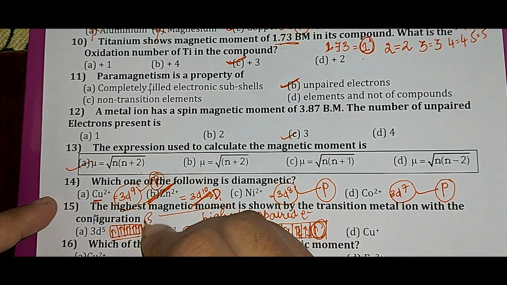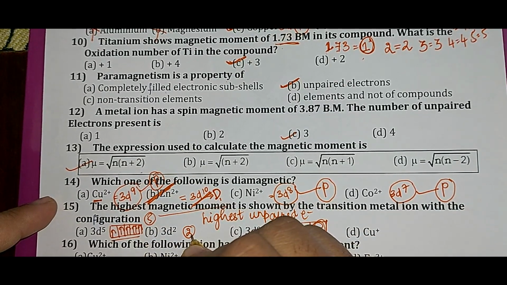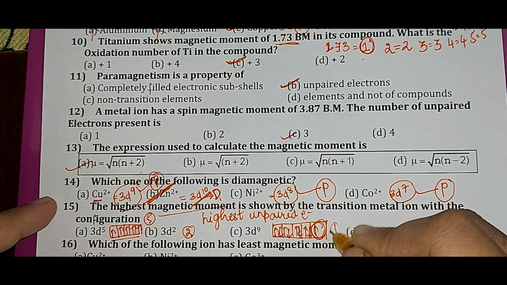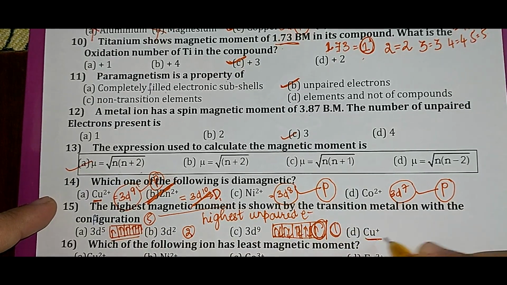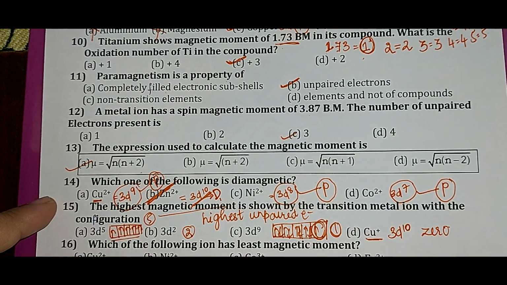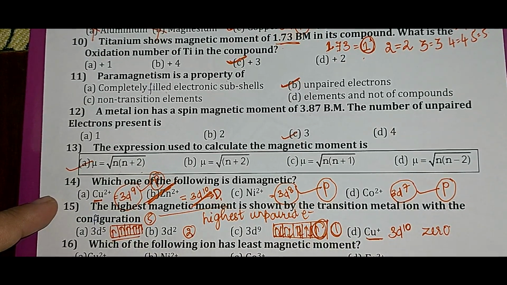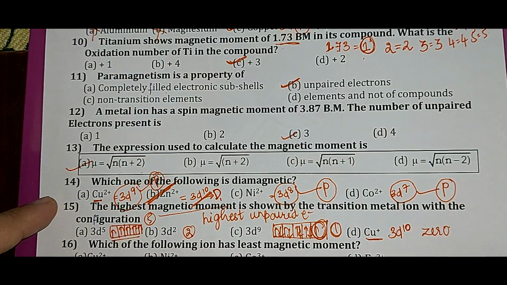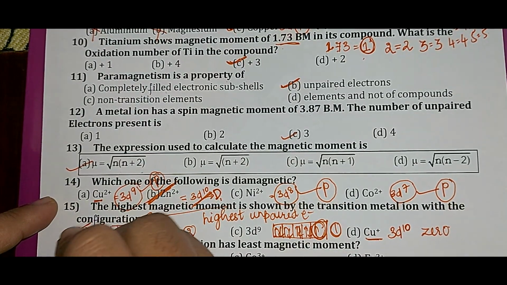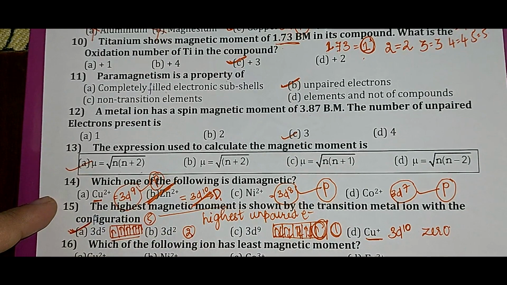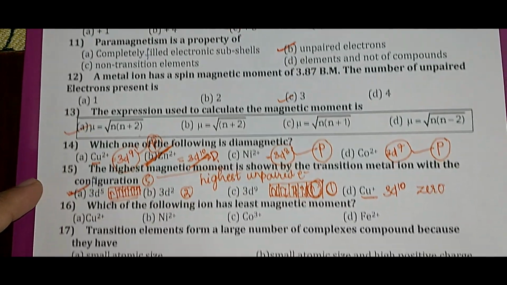So here we had 5 unpaired electrons, here 2 unpaired electrons, here 1 unpaired electron, and when we say Cu+, the electronic configuration is 3d10, so 0 unpaired electrons. So the greater the unpaired electrons, the greater is the magnetic moment, and the highest magnetic moment is shown by the configuration 3d5 as it has 5 unpaired electrons.